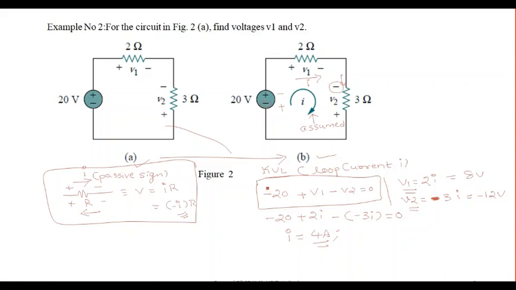Don't keep anything like voltage rise and voltage fall here. Just look into the polarity and write the equation. I had discussed this in maybe the last to last lecture. So we need to practice these things.